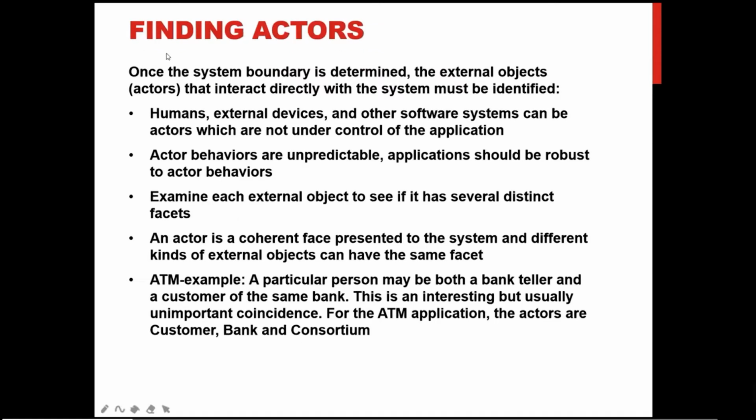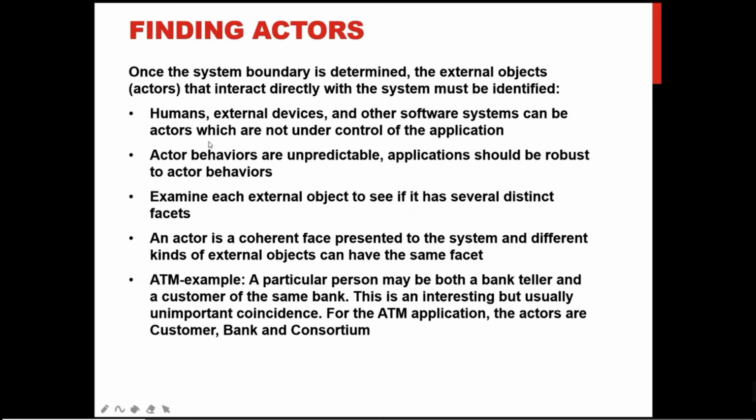The second is find actors. Once the system boundary is determined, the external objects that interact directly with the system must be identified. It means we should find which objects will interact with the system we considered. So usually, humans, external devices, and other software systems can be actors.